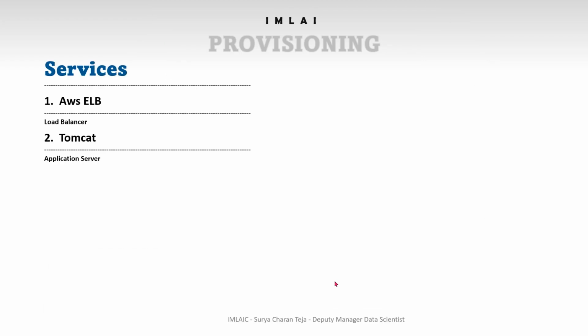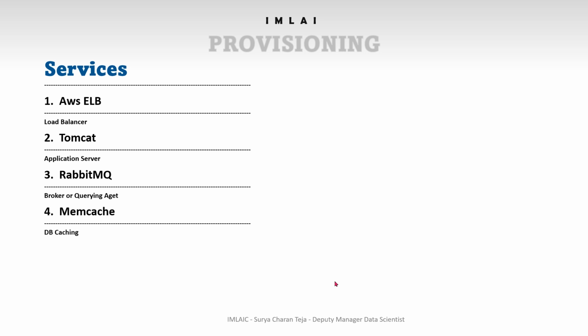It consists of the following services: AWS ALB, that will be attached when we create the services in Kubernetes. Other than that, Tomcat is our application server that is going to host and serve our application. Then RabbitMQ, it's a broker or queuing agent.